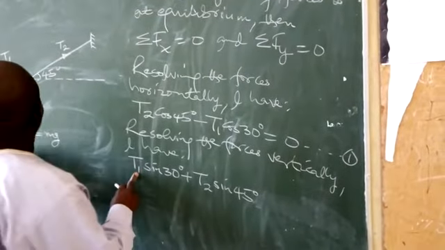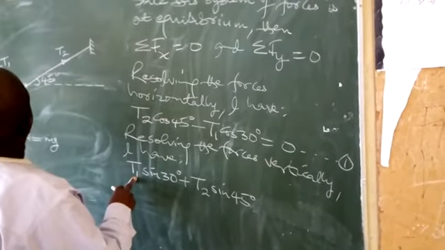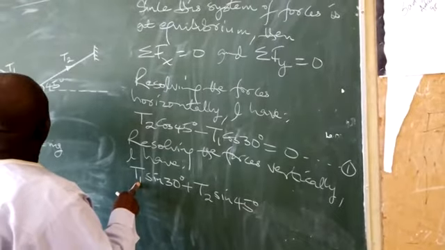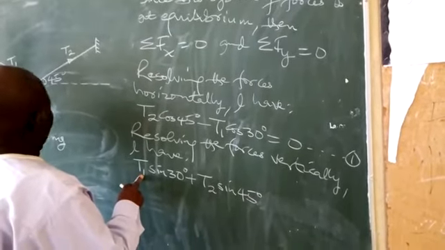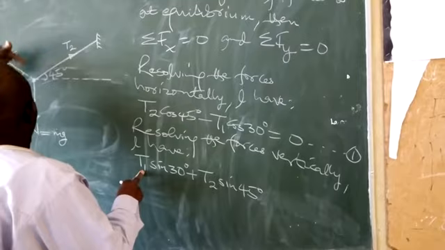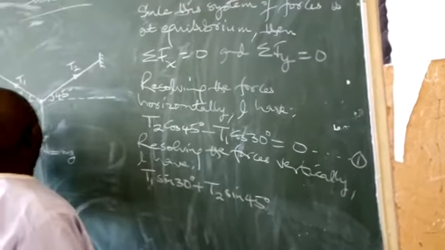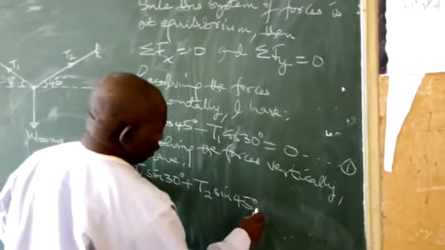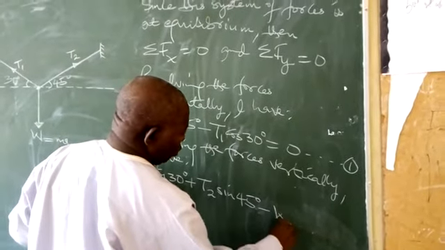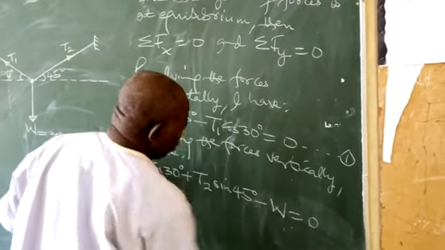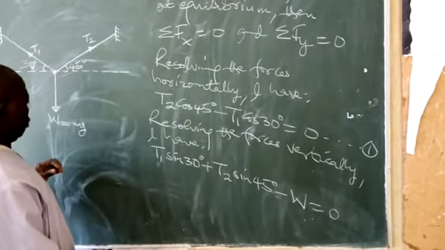If the upward direction, towards the positive direction of the y-axis, is taken to be positive, then the y-axis downward is negative. So that is minus W equals 0. But W is mg.